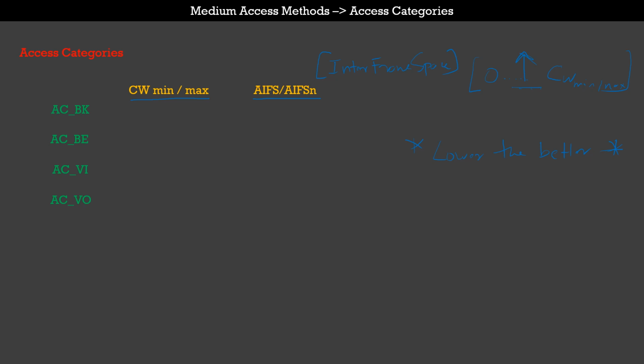For instance, the CW min and max values for voice as an access category would be 3/7, which means 3 is the CW min and 7 is the CW max. For video, it is 7 and 15, and for background and best effort, the CW min starts from 15 and can go up to 1023.